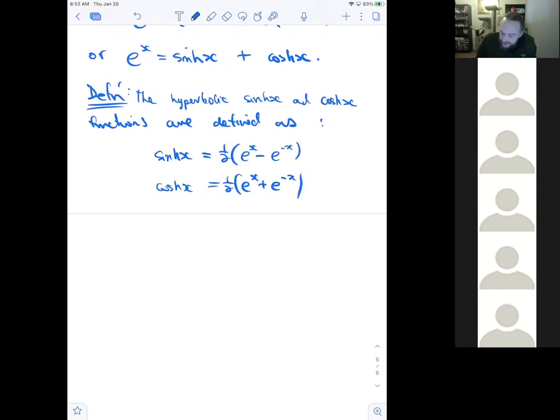Also from this, then tan hyperbolic x is equal to sine hyperbolic x over cos hyperbolic x, which is going to be e to the x minus e to the negative x over e to the x plus e to the negative x.